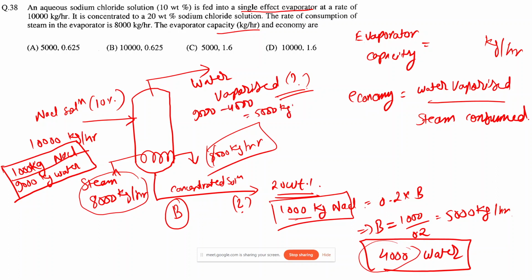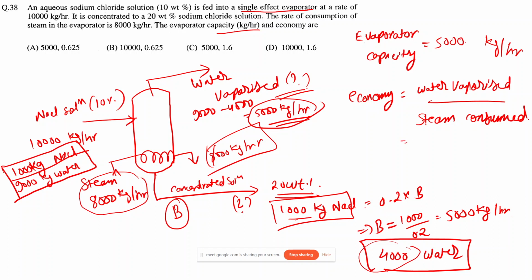So 5000 kg per hour is being vaporized from this single effect evaporator. So on the top, this 5000 kg per hour of water is being evaporated. So the evaporator capacity is 5000 kg per hour.